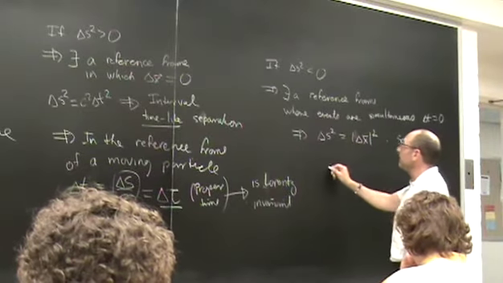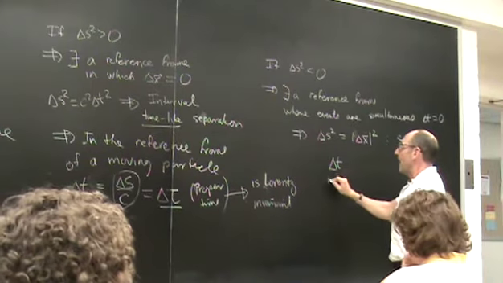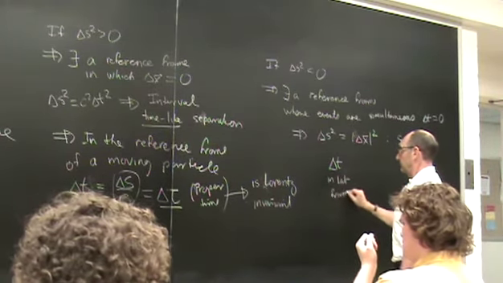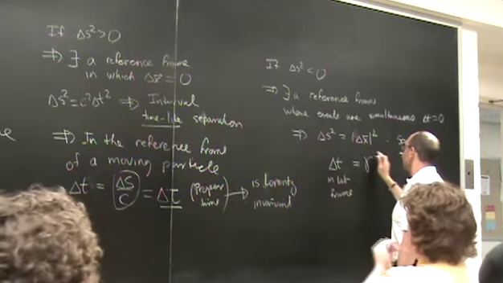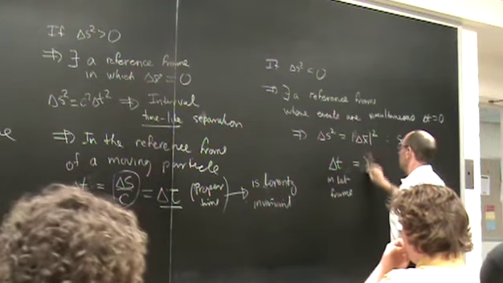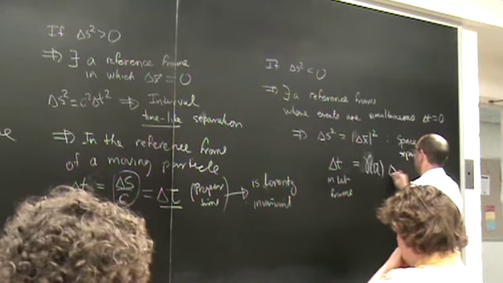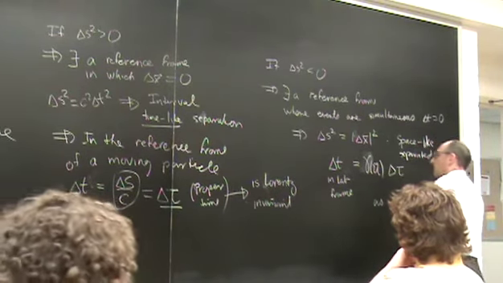So for a small delta t, what we see is that the delta t in the lab frame is equal to gamma at the instantaneous velocity times delta tau, as delta tau goes to 0.